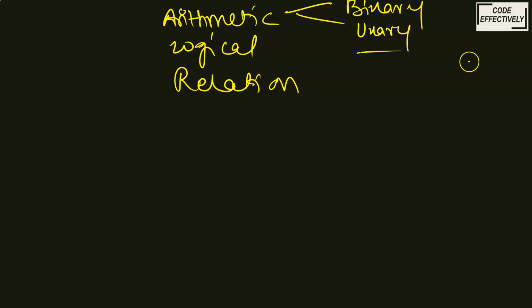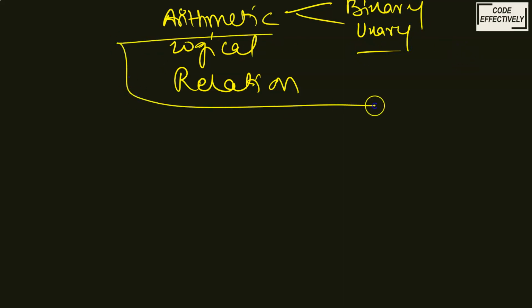First we will discuss logical and relational operators, because we have used these operators in our programs a lot of times, but we don't know exactly their definition, so we were not able to recognize them. Today we will be able to recognize them.